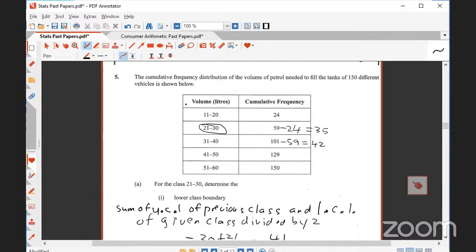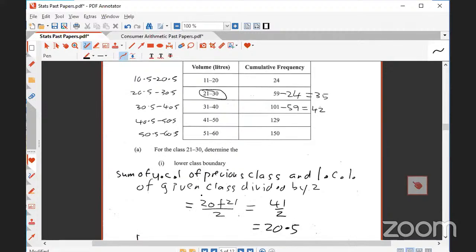If we were to write out the class boundaries here, this would be 10.5 to 20.5, then 20.5 to 30.5, 30.5 to 40.5, 40.5 to 50.5, then 50.5 to 60.5. That's the first thing, to know what our class boundaries are.